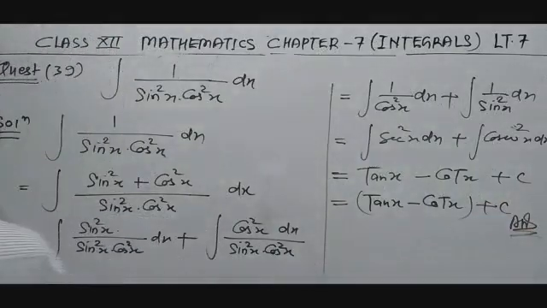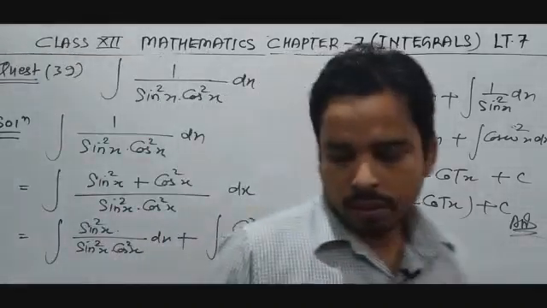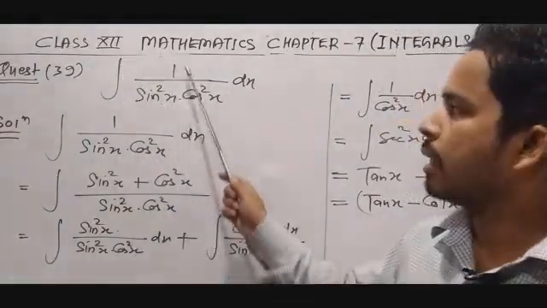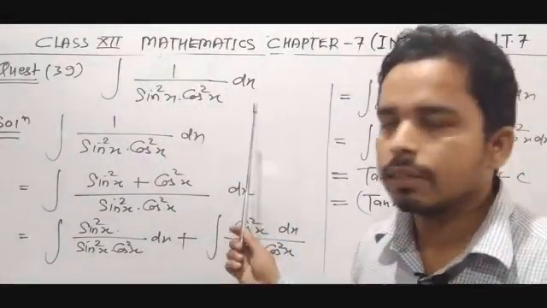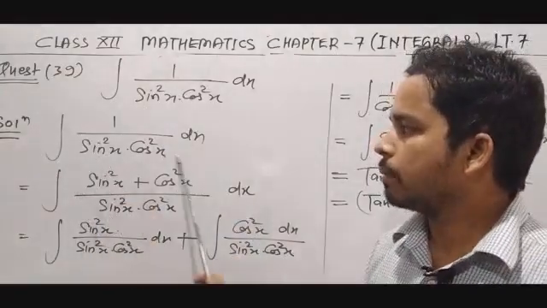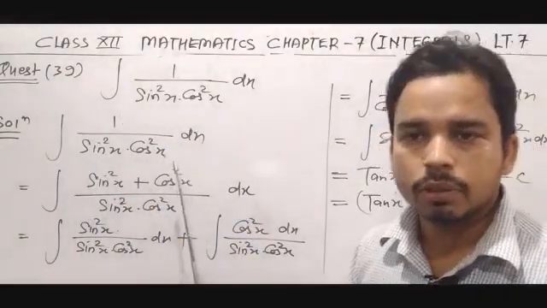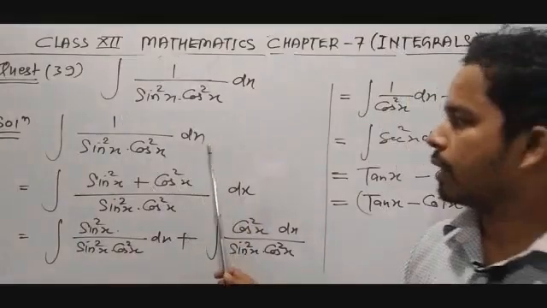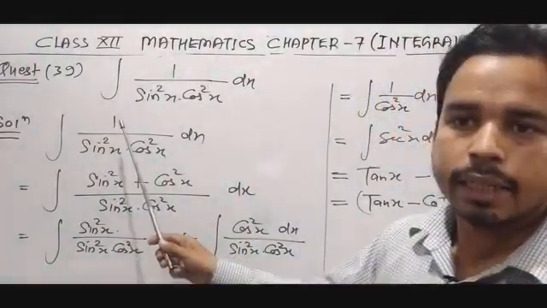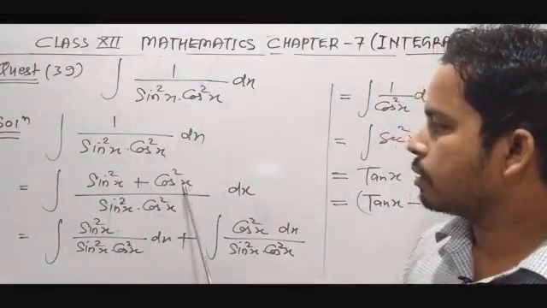Now see again, we have the question: integration of 1 upon sine square x into cos square x dx. First of all, I will write the given expression, 1 upon sine square x into cos square x dx. Now 1 can be written, by using the trigonometrical identity, as sine square x plus cos square x.